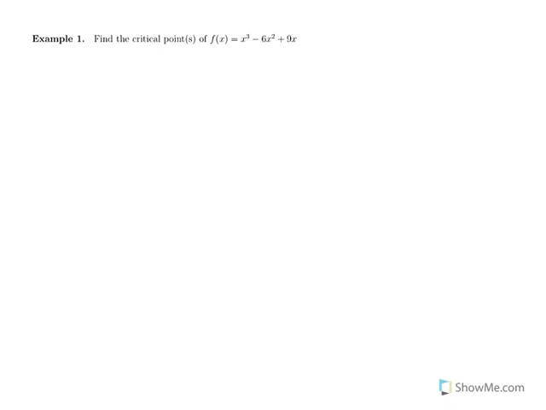Let's do an example to make sure we understand what we're doing here. Find the critical points, and maybe there's more than one, of f of x equals x cubed minus 6x squared plus 9x. To find the critical points, we find the derivative of the function. In this case, the derivative is 3x squared minus 12x plus 9, using the power rule a couple times. To find the critical points, we set our derivative equal to 0.